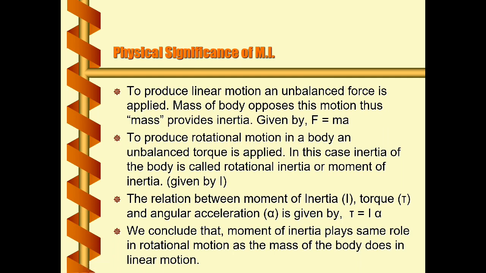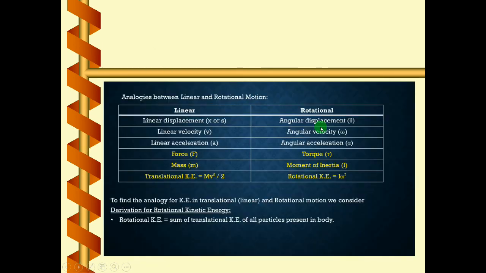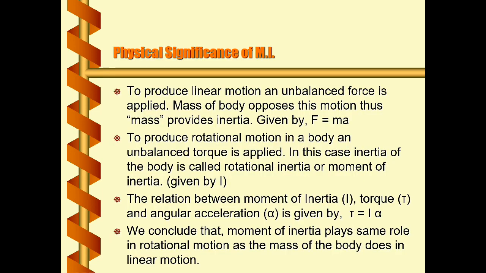The formula for torque is tau equal to I alpha. I is the moment of inertia, alpha is angular acceleration. If you compare both equations, F equal to ma and tau equal to I alpha, F is the force responsible for linear motion and torque is the analogue responsible for rotational motion. Similarly, a is linear acceleration and alpha is angular acceleration.